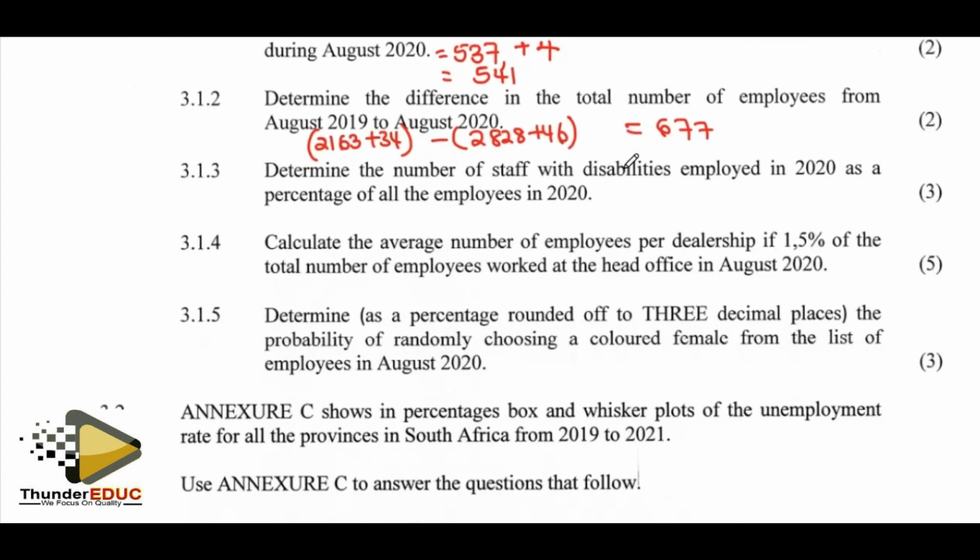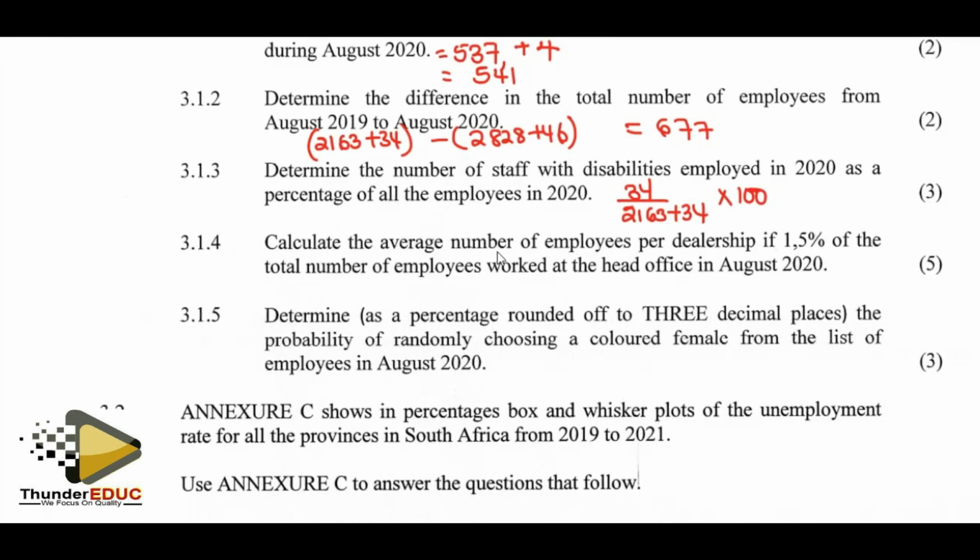Determine the number of staff with disabled employment in 2020 as a percentage of employees. You will see that there are 34 over the total, which is plus 34, times 100.